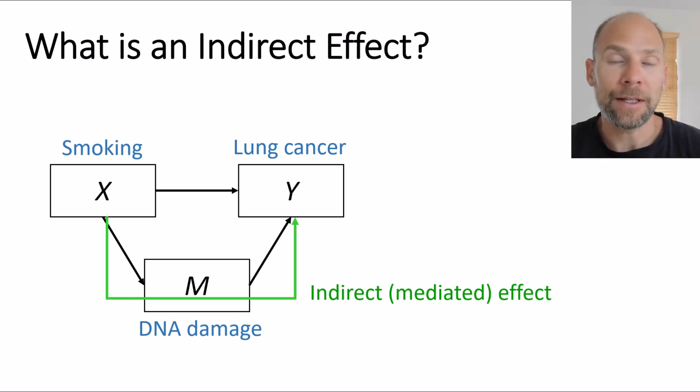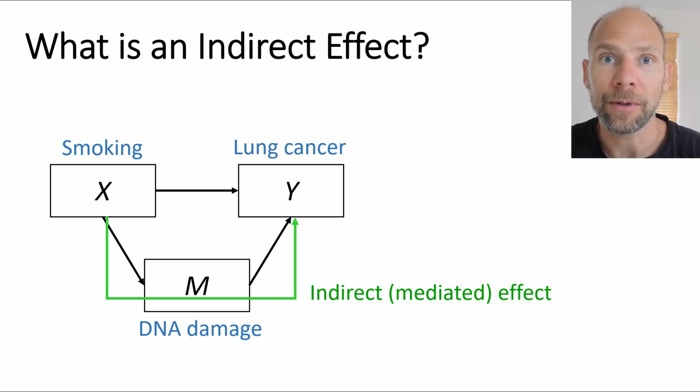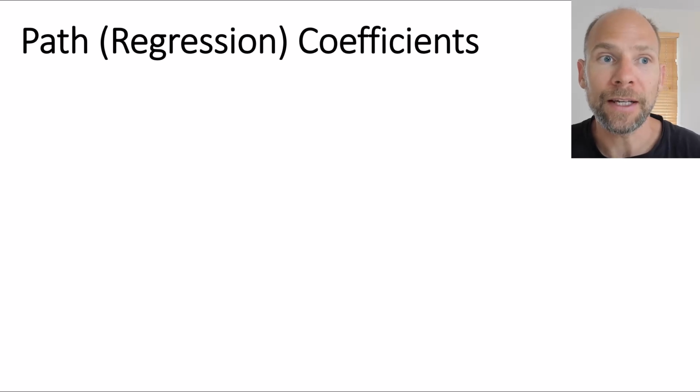Now in this example, I want to stick with a simple one where we have only three variables: one exogenous variable, one mediator variable, and one outcome variable. Next I'm going to show you how an indirect effect is more formally defined in models like this. When we look at indirect effects, we look at path models, or we could say regression models.